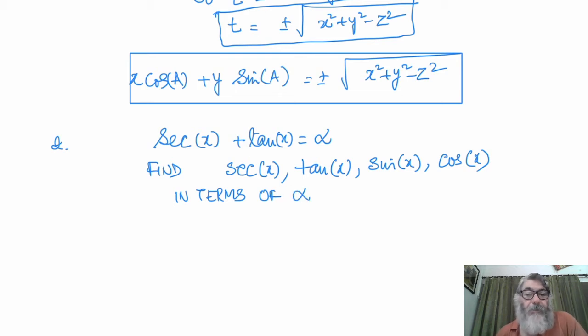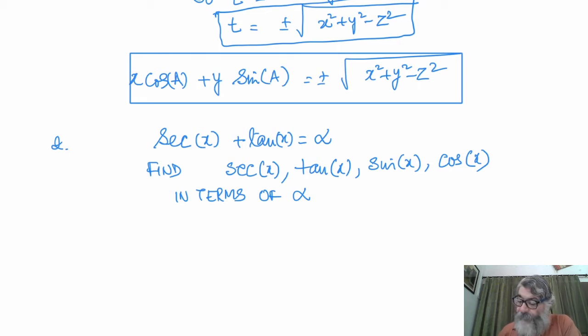Now again, if you remember in a few lectures back, I had spoken that wherever you will see sec x plus tan x, you will think of sec x minus tan x also. Why? Sec x minus tan x is the reciprocal of sec x plus tan x.